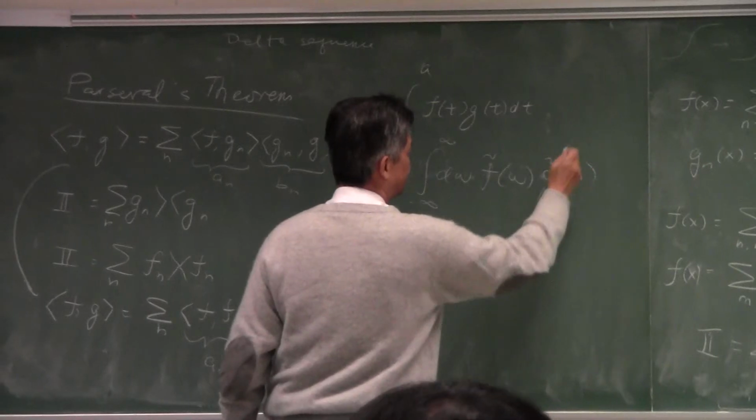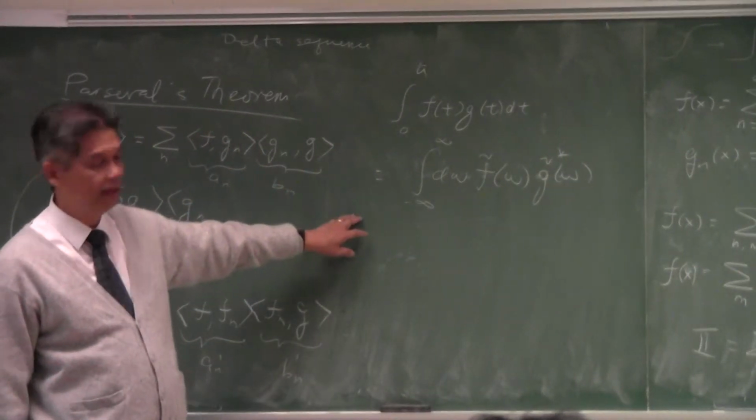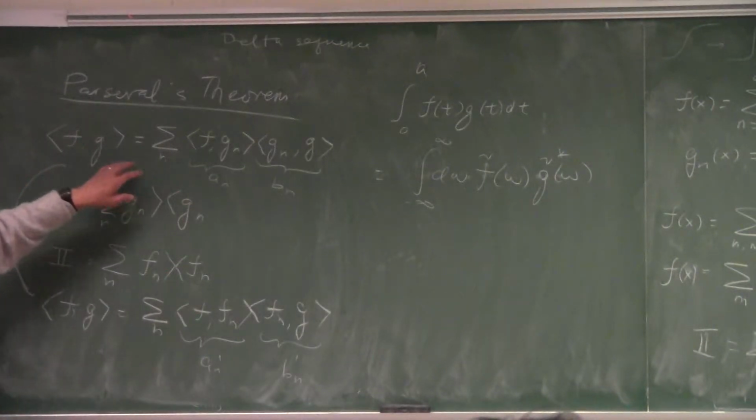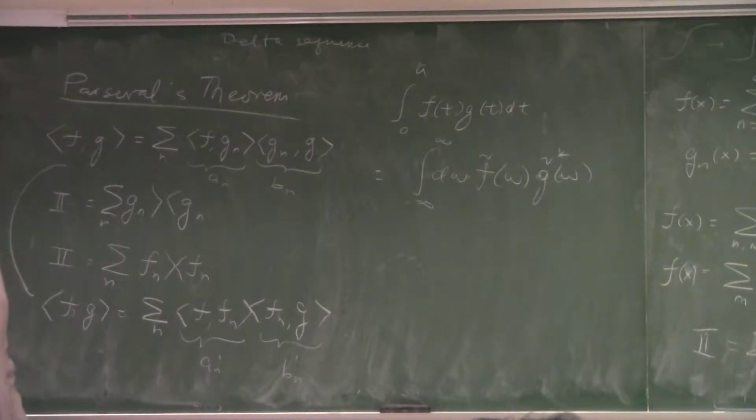Then sometimes you might get a complex conjugation there. This is Parseval's theorem. It's actually the same statement as this. Any inner product is independent of the space that you write it in.